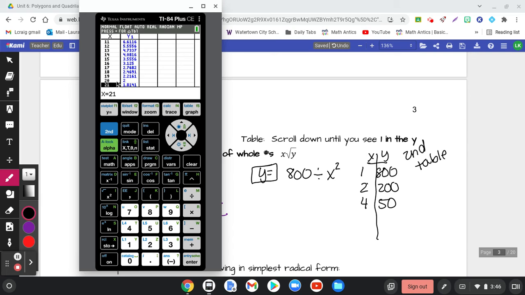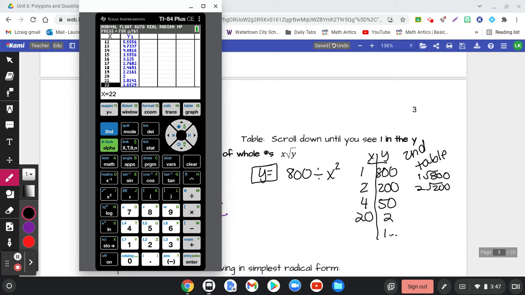Because look, there's another whole number pair, 20 or 22. And then you see a 1. All right, so what you're seeing in your table, it's saying that this is 1 radical 800. That's where you started. 2 radical 200.